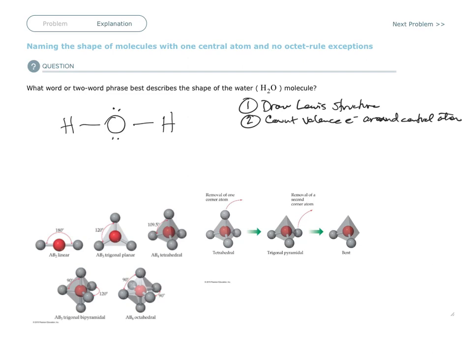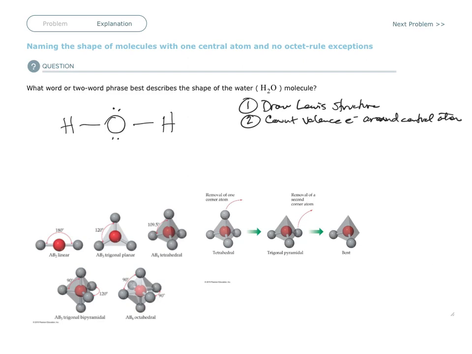If there are 3, and there's no lone pairs at all, then it's triangular planar. If it is 3 attachments plus a lone pair, you're going to have this triangular pyramidal. It's a pyramid, but it's triangular pyramidal.